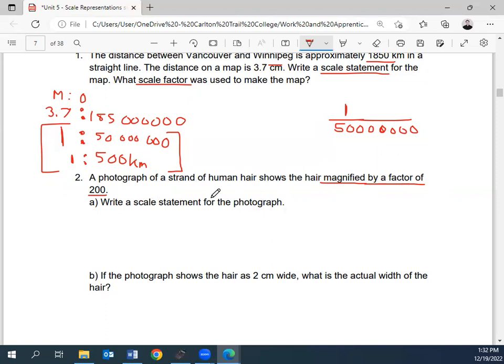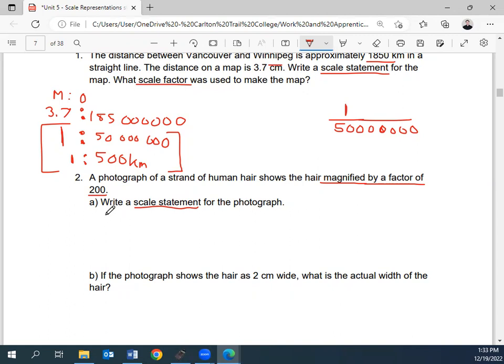So another way of thinking about this, let's do our scale statement. Scale statement's always what to what? Is this a ratio or is this going to be a fraction? This is a ratio, right? Scale statement is a ratio. So it's always model to my original. What's my model?